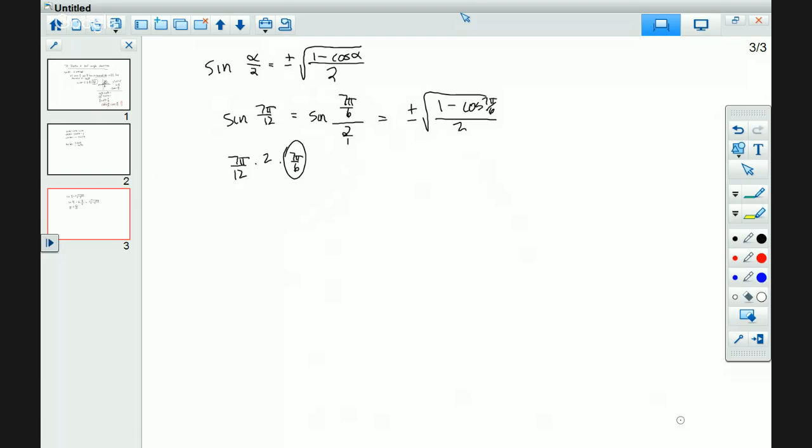Oh, come on. Snow in your brain. 7 pi over 6 cosine, go. Negative. You almost got it.